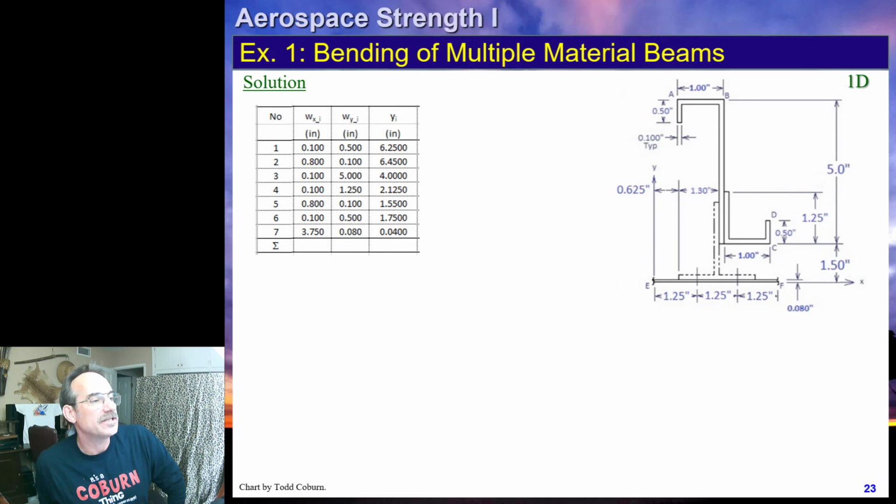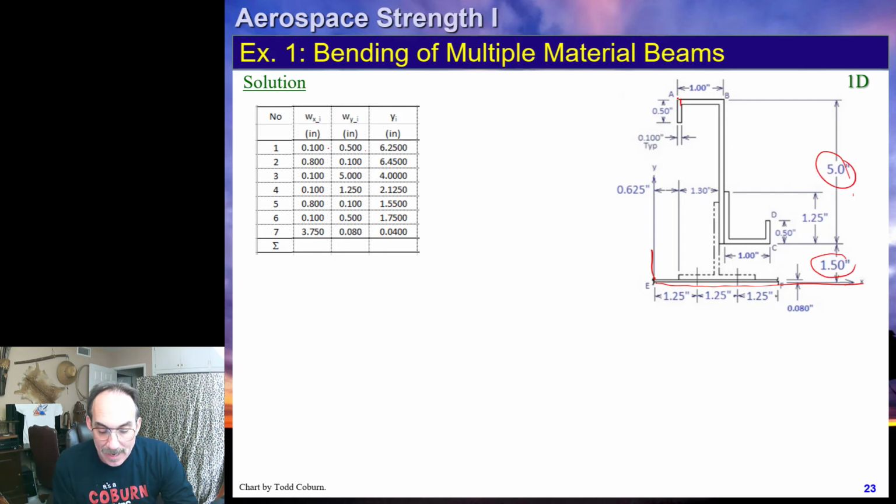You'll notice here, let's go ahead and take a look. What this means is our first element is defined like this, where it is 0.1 by 0.5 inch, and it's located, from the bottom here, since this is our y and this is our x, that means its y bar is at 1.5 plus 5 inches minus 0.5 over 2.